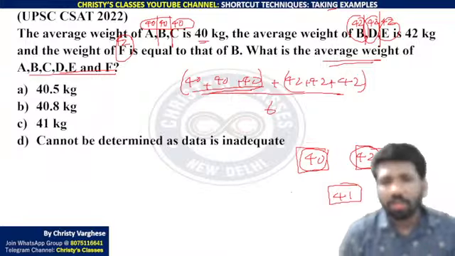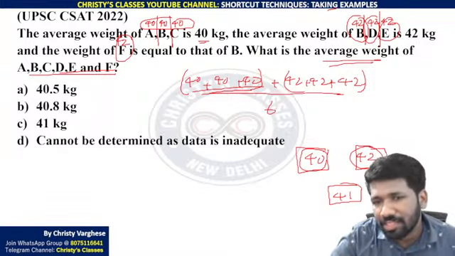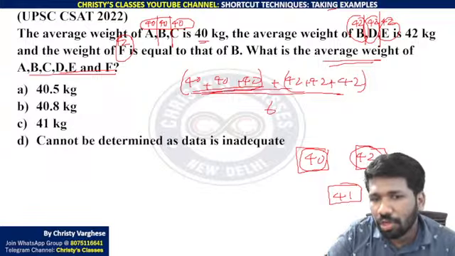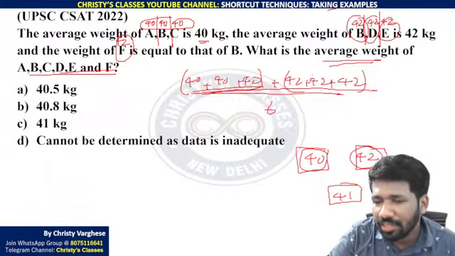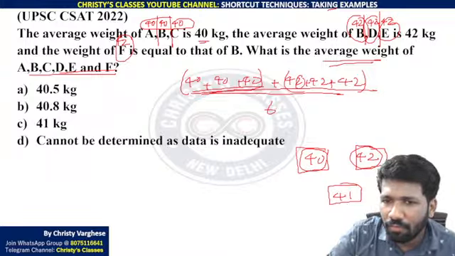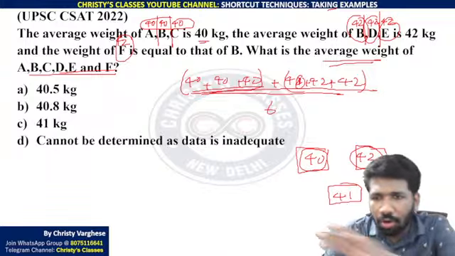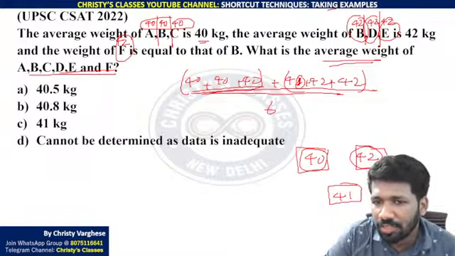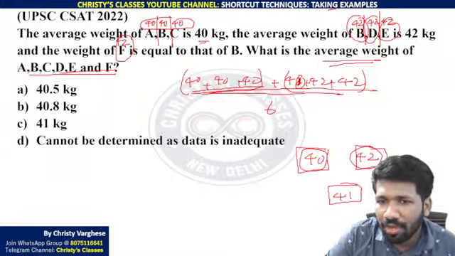Or if you are not understanding that, another easy way: anyway you are going to add all these. If you are adding, you can add in whichever way you want. From this 42 I am taking 1. I am trying to make all values the same. Let's see whether it is possible. From 42 you take 1 and give it to this 40. That means this will become 41, this will become 41.